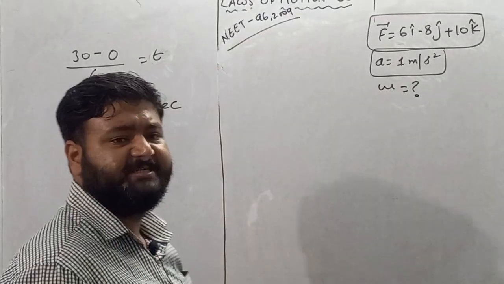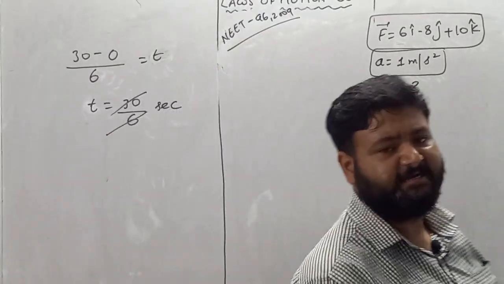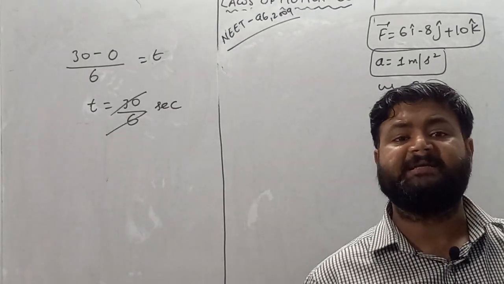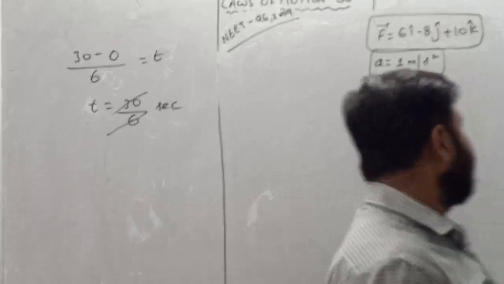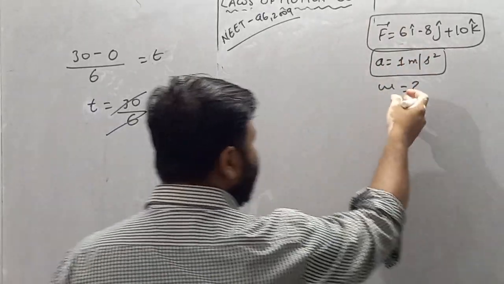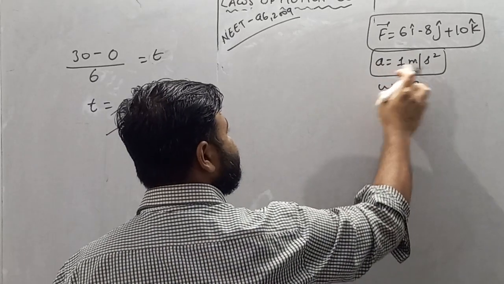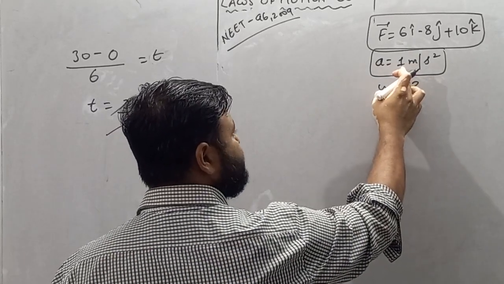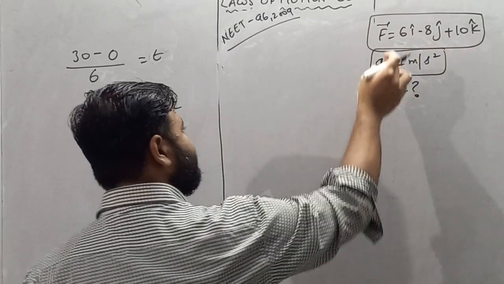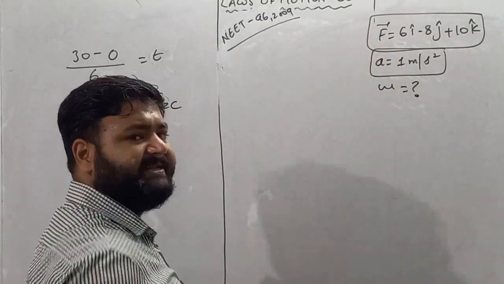Dear student, this question was asked in NEET 2009. At that time NEET was CBSE PMT. So the question is, force is given, acceleration is given, we have to find its mass. Acceleration is given only in terms of magnitude, but force is given in terms of vector. So first of all, we have to find the magnitude of force.